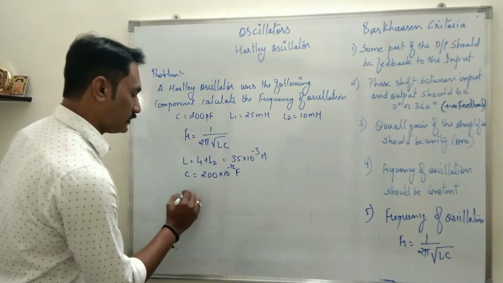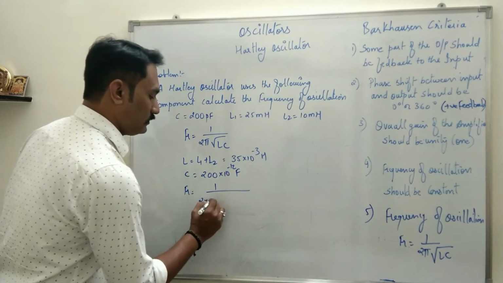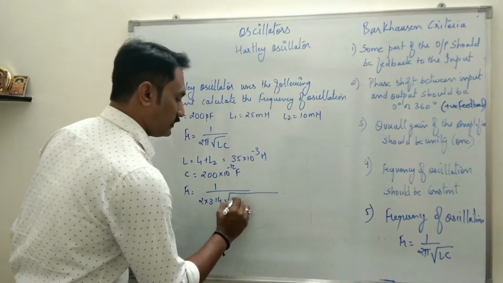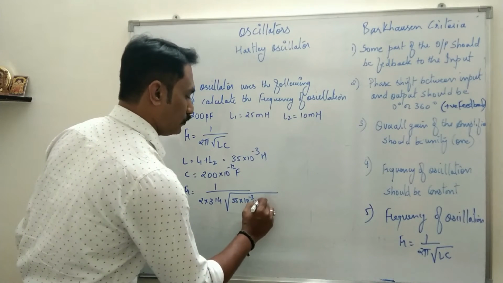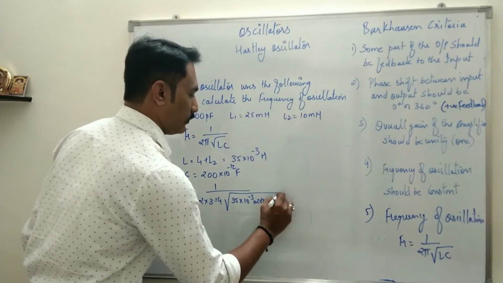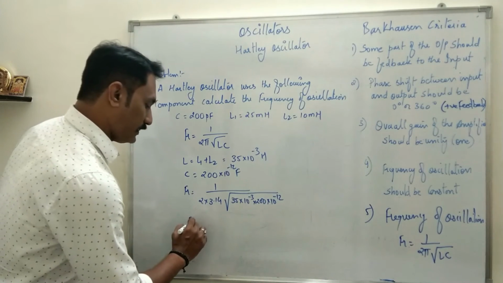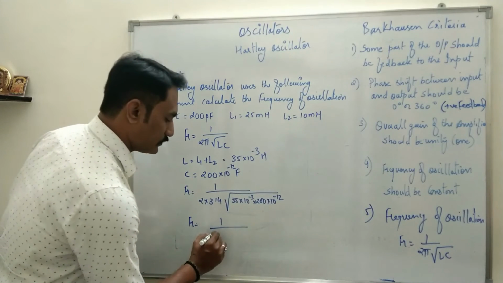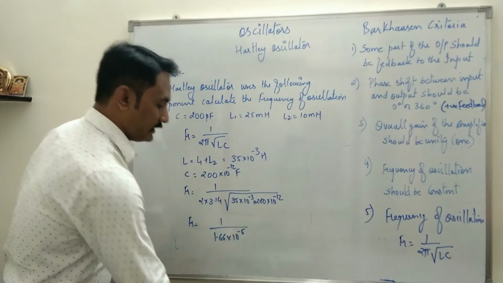Now we have to substitute the values in that formula. 1 upon 2 into 3.14 under root of 35 into 10 to the power minus 3 into 200 into 10 to the power minus 12. So for the frequency of oscillation, if you solve this, what you will get is 1.66 into 10 to the power minus 5.